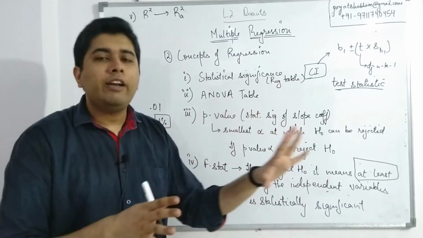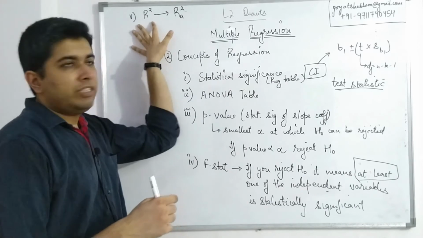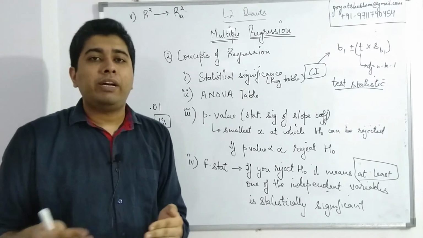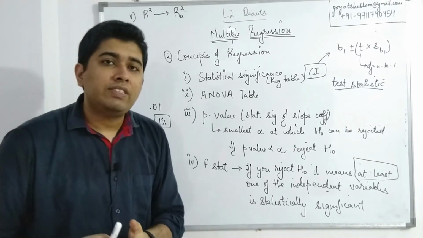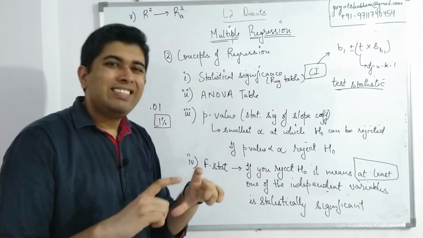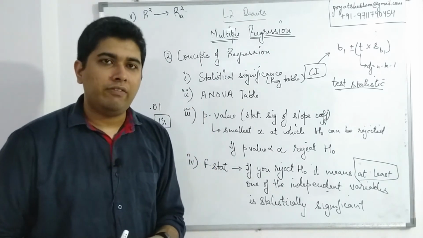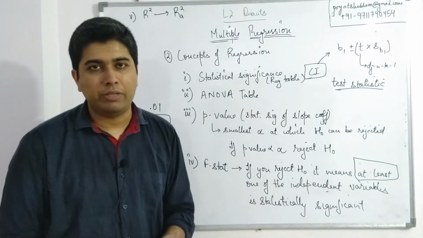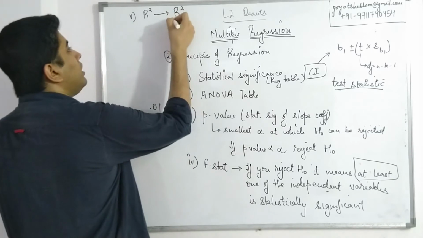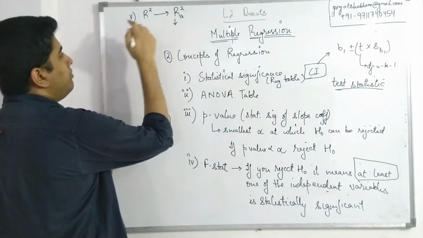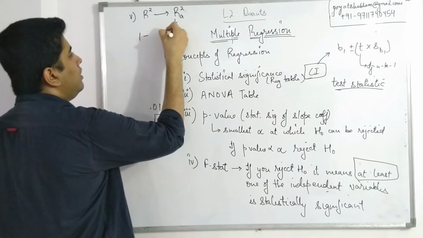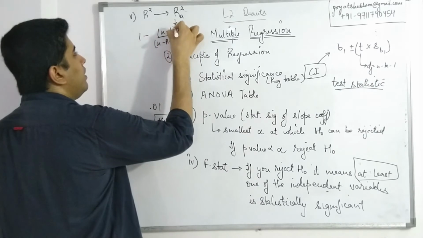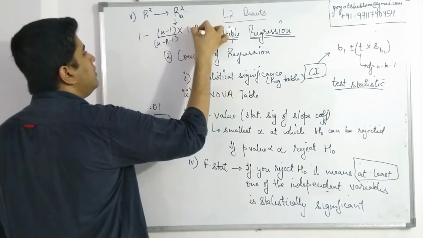I cannot add 100 independent variables just because each of them is improving R square. Getting the data for those 100 independent variables is a separate headache in and of itself. So my preference is to be able to precisely predict which independent variables are relevant for me so that I can focus on them rather than blindly adding more independent variables. Now the calculation for adjusted R square, this is a formula you'll have to remember. It is 1 minus (n minus 1)/(n minus k minus 1) multiplied by (1 minus R square).